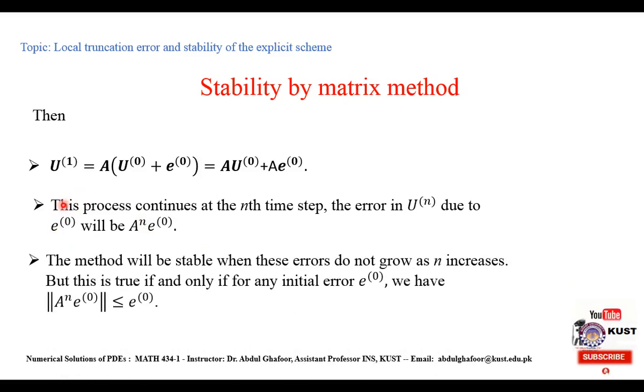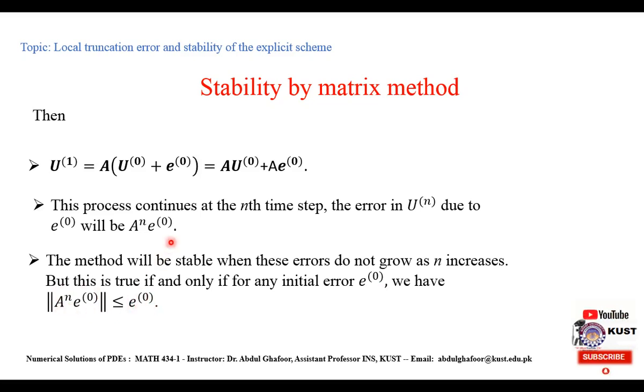Now the method will be stable when these errors, that means the error which propagates to U1, A E0, the error which propagates to U2, A squared E0, and so on, do not grow as n increases. But this is true if and only if, for any initial vector, the norm of A^n E0 is less than or equal to the norm of E0.